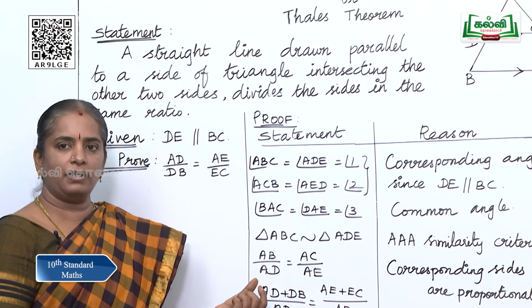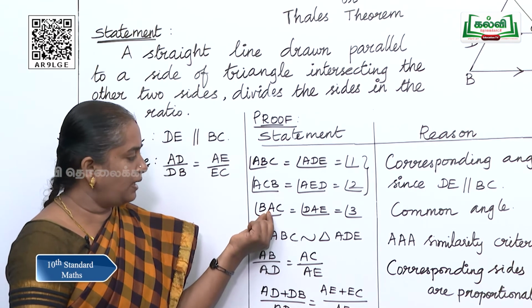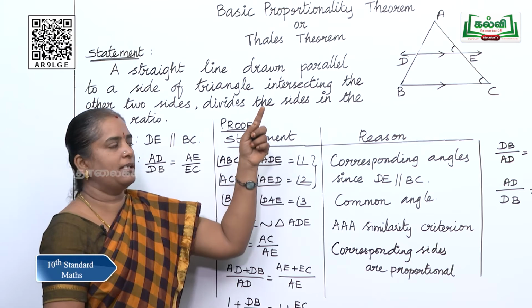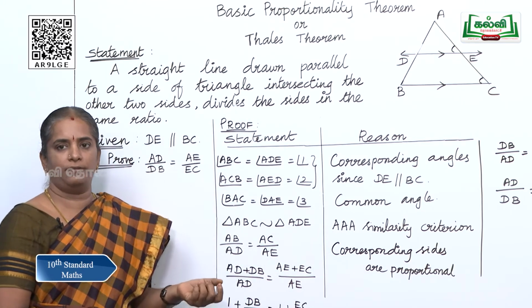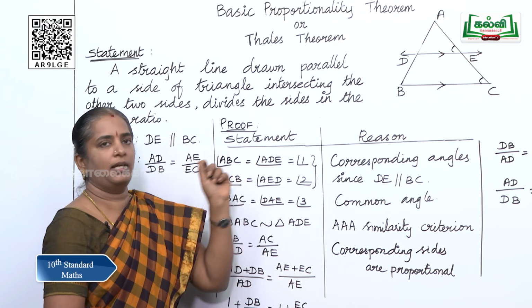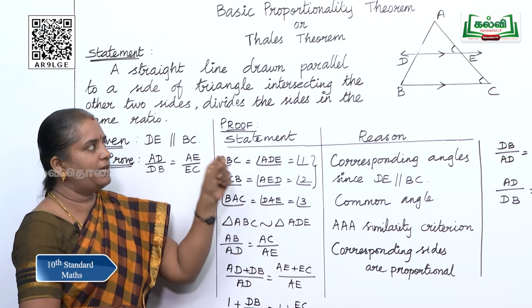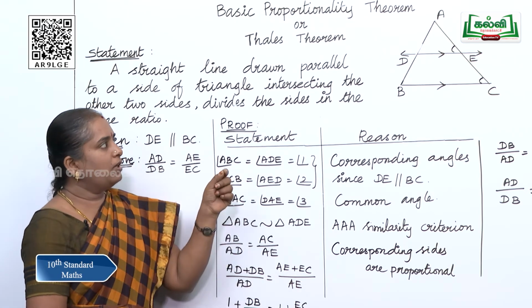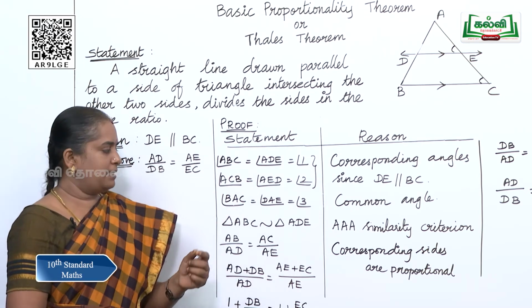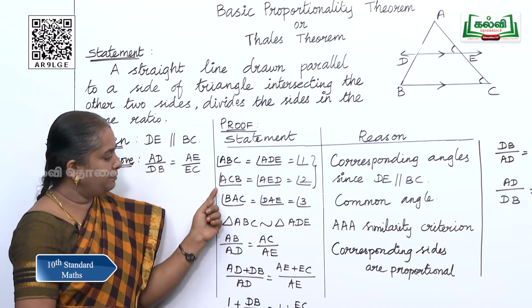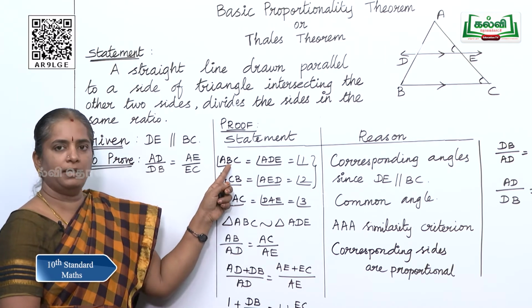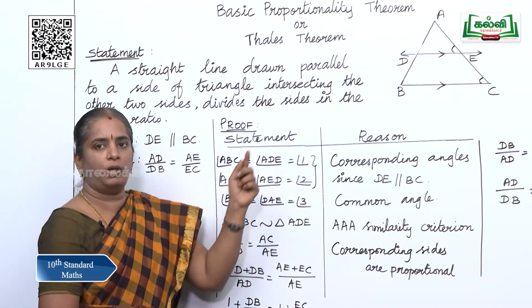How can we name the triangles? So, let us name the first triangle as ABC. You know this very well in the previous sessions itself. So, according to the equal angles, A is equal to A here also, and angle B is equal to angle D in the smaller triangle.